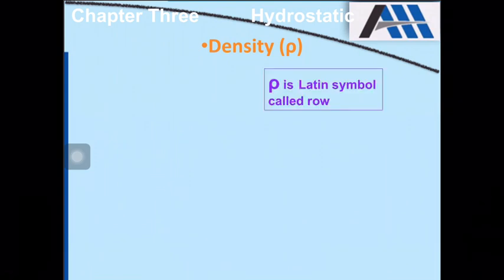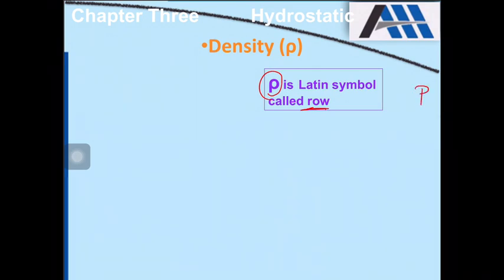Let us define a new term which is called density. Density takes this symbol, the Latin symbol called rho. It's similar to the letter P, but we can recognize the difference between the letter P and the symbol rho, of course.